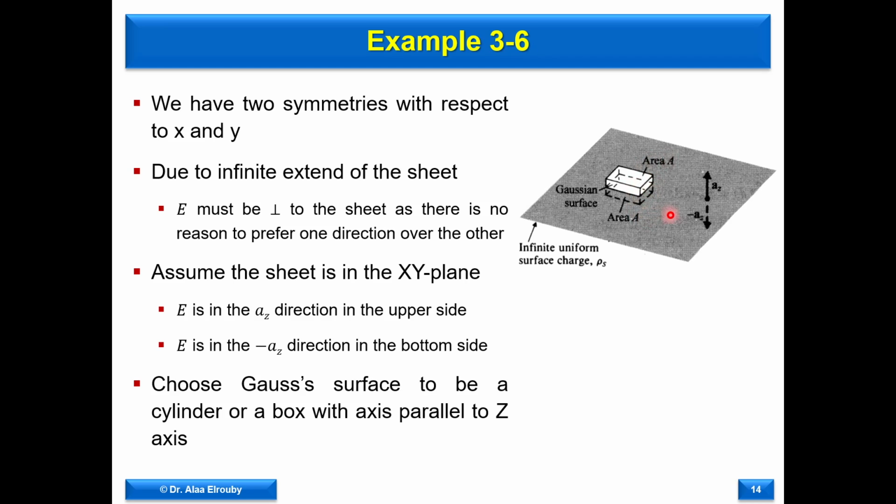So this box here is our chosen Gaussian surface. How many faces does this box have? It has 6 faces: top, bottom, and 4 on the side.